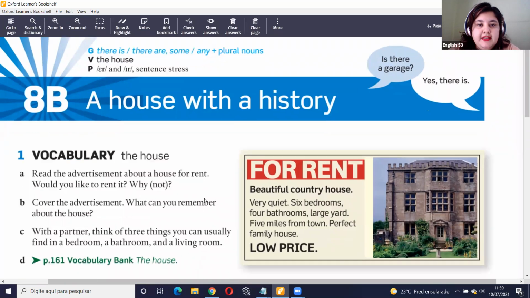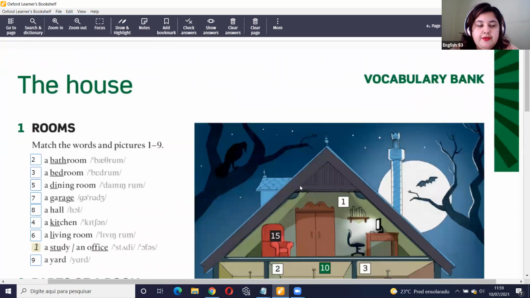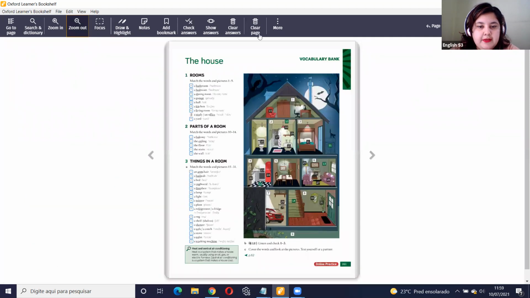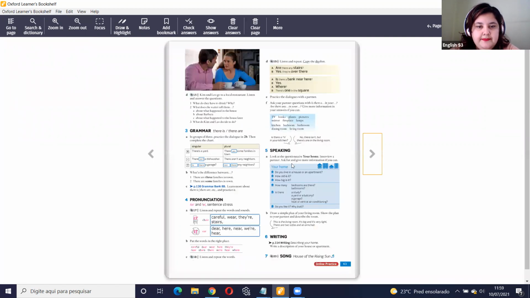In part 8b, we saw some vocabulary of the house. So it's cool if you go to page 161 and try to remember all the vocabulary that we checked here, okay, in the house. But furthermore, we saw the uses of there is and there are.